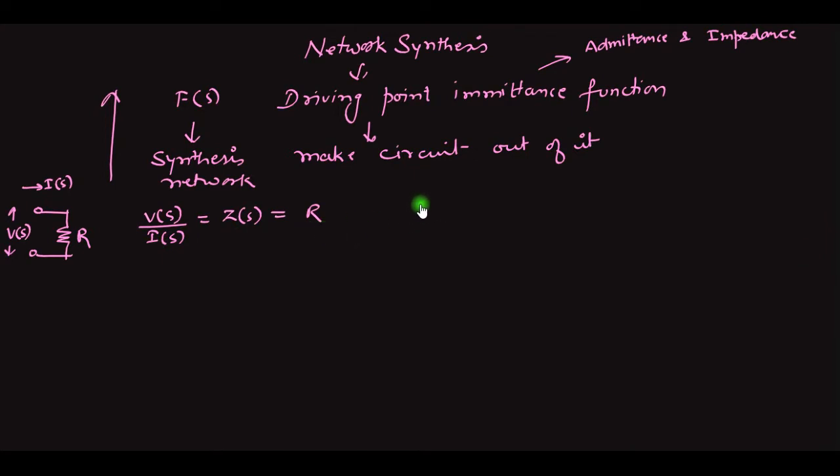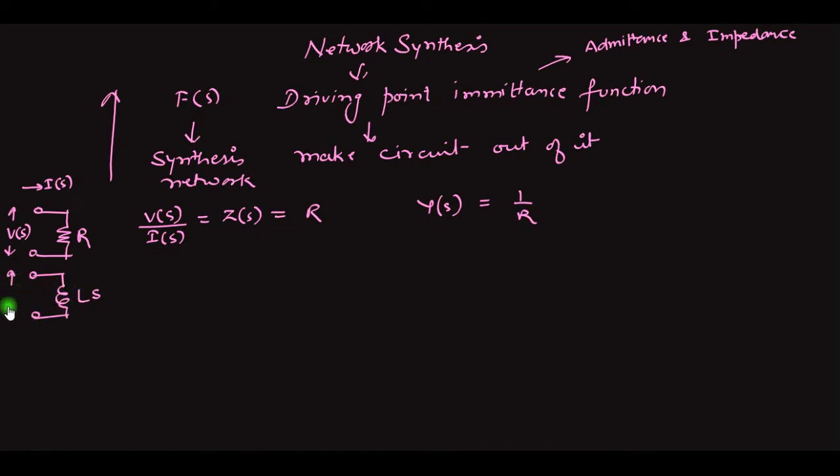And if I write the driving point admittance function for the given network, it would be the reciprocal of this, which is 1 by R. Let us consider an inductive network having inductance L, and in the S domain this L is represented as Ls, which is the impedance offered by this inductor.